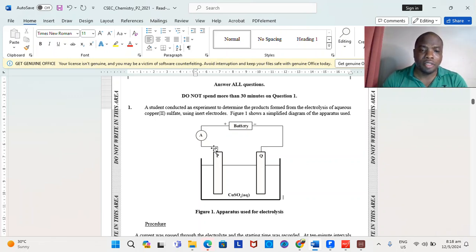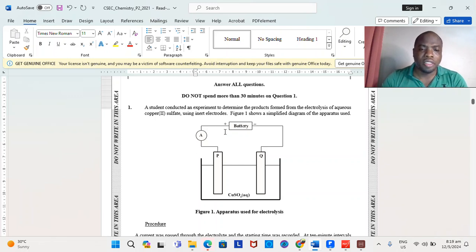Now, reason being, it will basically have the power source or the battery pulling electrons from P. Now, just as though when electrons are lost from a metal, the metal will now assume a positive charge because we know that the electrons are negative. And so it is the same concept with our anode.